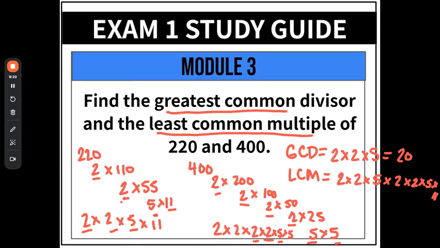Because that's what's remaining. So when we took out these for the greatest common divisor, we're left with what's remaining, and that's what we have to multiply by here as well. And when we multiply all this together, we get that our LCM, or our least common multiple, is 4,400.